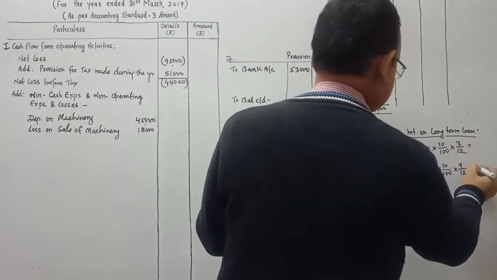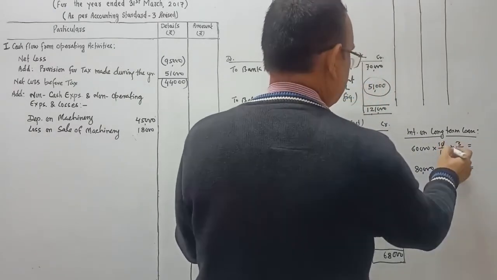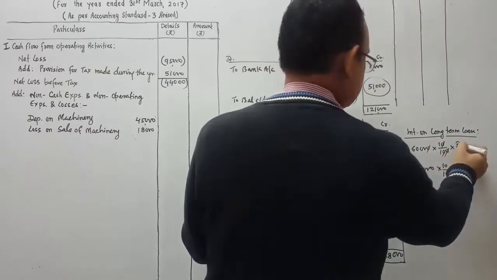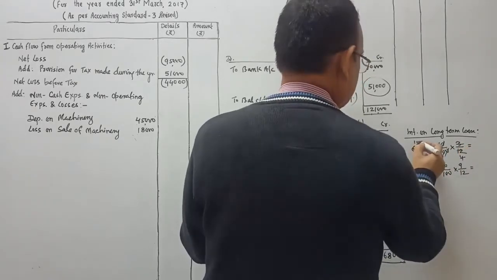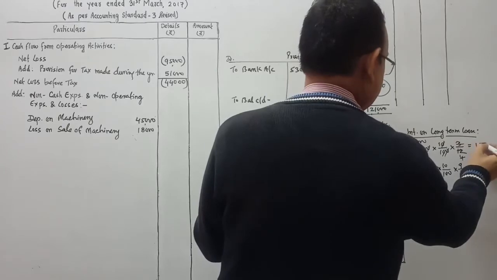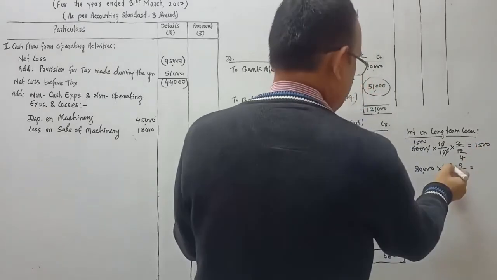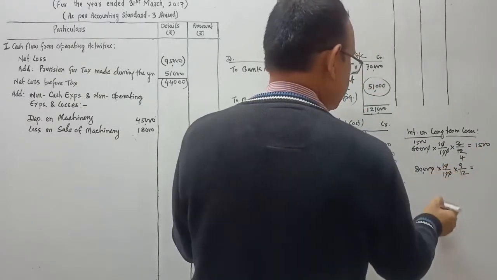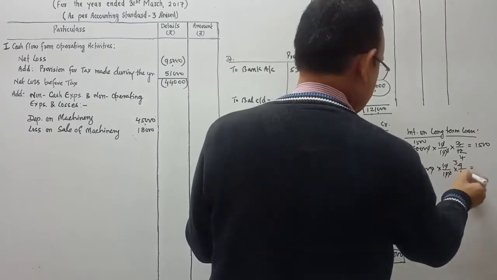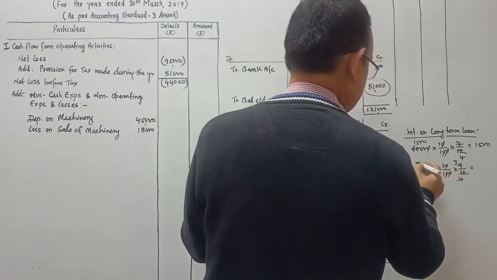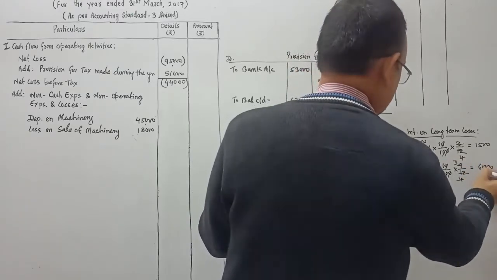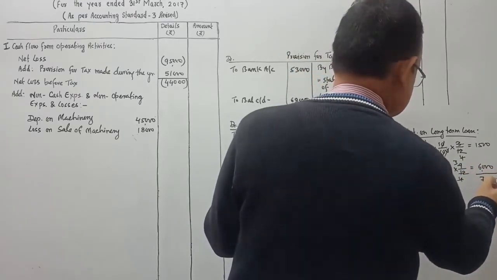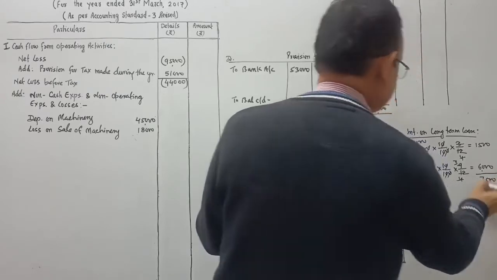So you will see the interest amount: it is 1,500 for 3 months, and for 9 months on 80,000 it is 6,000. So the total interest is 7,500.